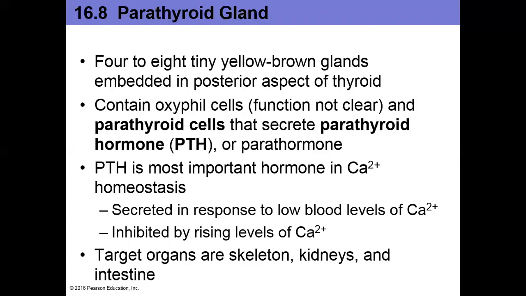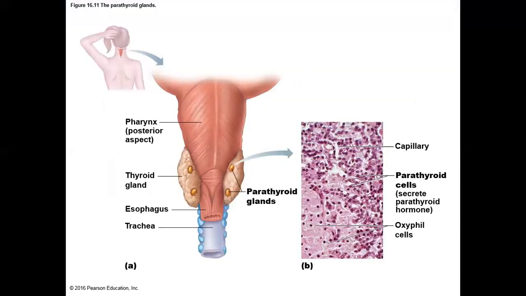That means a humoral stimulus. Remember, it's in the blood, so low blood calcium levels. It targets the skeleton, the kidneys, and the intestine, because that does help with the reabsorption of calcium in the kidneys. And the parathyroid glands are located on the dorsal aspect of the thyroid gland.